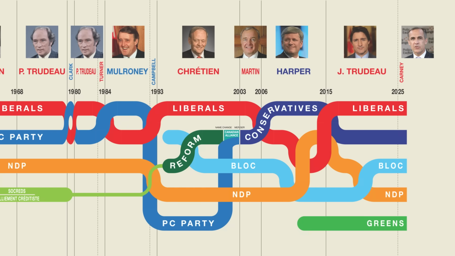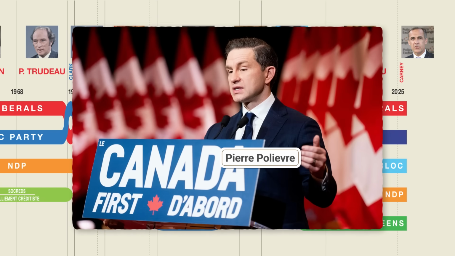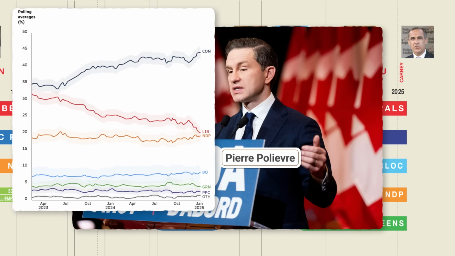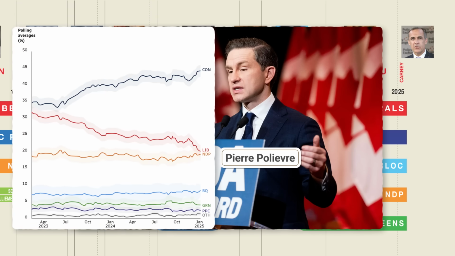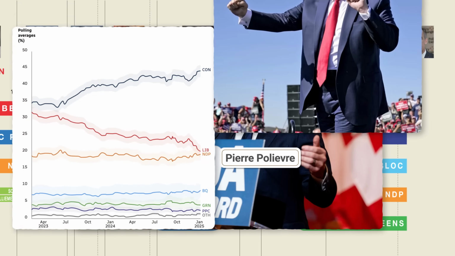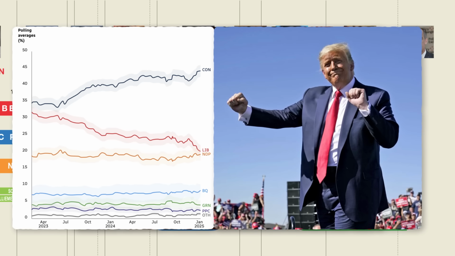That's because he's in a tight race with the Conservatives, now led by Pierre Poilievre. Up until recently, the polls indicated that Poilievre would win easily. But then came this man, who started a trade war with his friendly neighbors, and who even threatened to annex Canada and make it the 51st state.